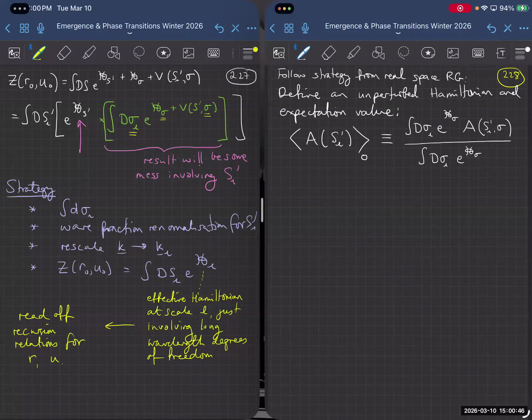And so what that means is, this denominator is just the partition function for the short wavelength degrees of freedom.